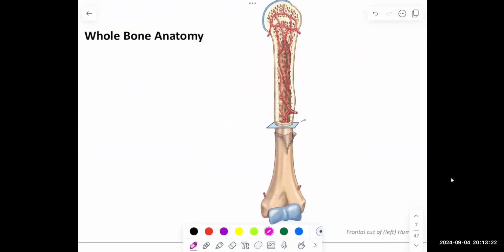Whole bone anatomy. So we're still talking about long bones here. Again, we love our long bones in anatomy. You can see this outer layer right here. It's being pulled back. That is the periosteum.